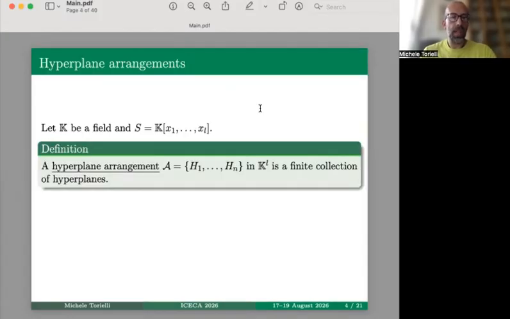So what is a hyperplane arrangement? To describe it, I first need to fix a field K that can be of any characteristic. Most of the time it's probably characteristic 0, but it doesn't need to be. In the second part of the talk, it will actually be the real numbers.